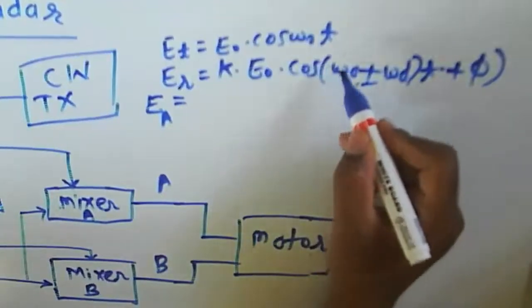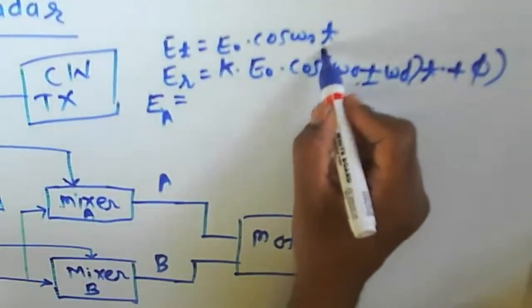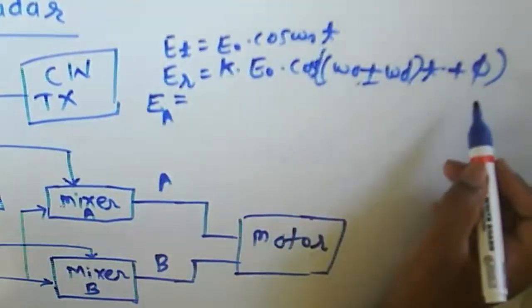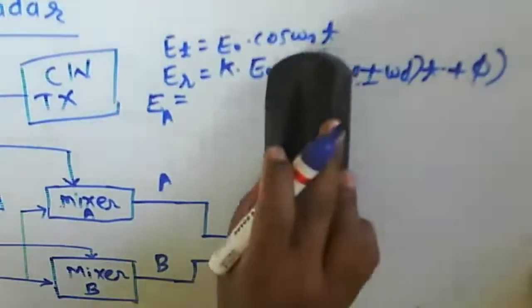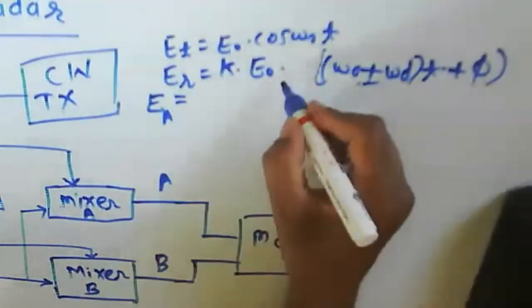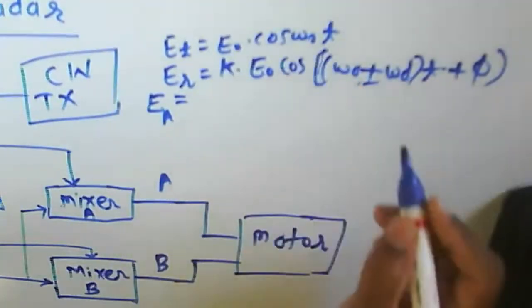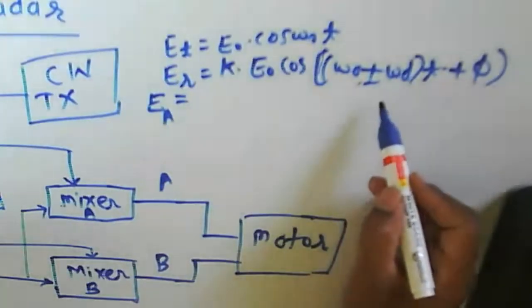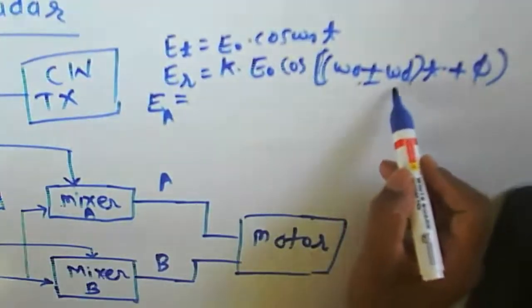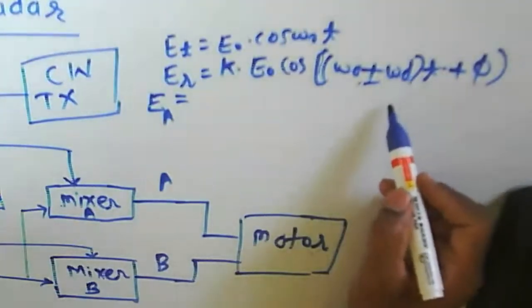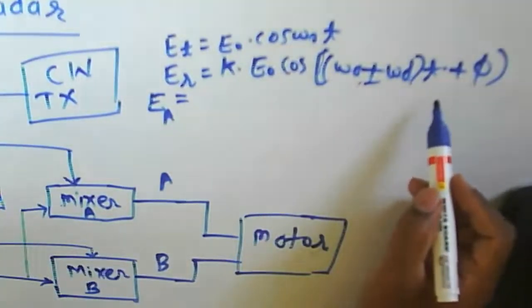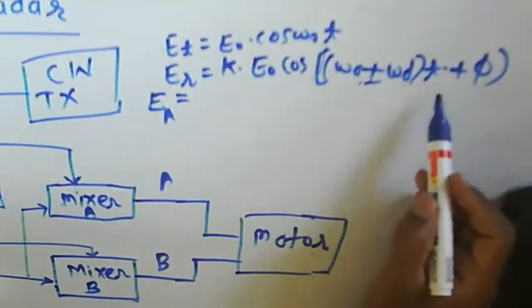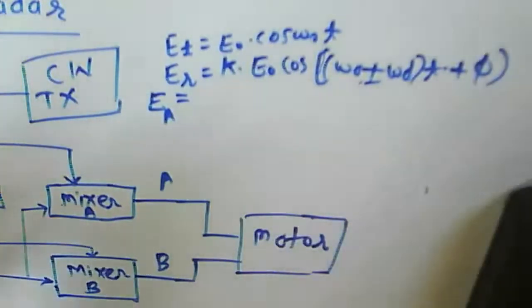Now we can find out here omega 0 plus or minus omega d, what will be the shift? The Doppler frequency shift here, plus phi, and that phi is nothing but the initial detection phase.